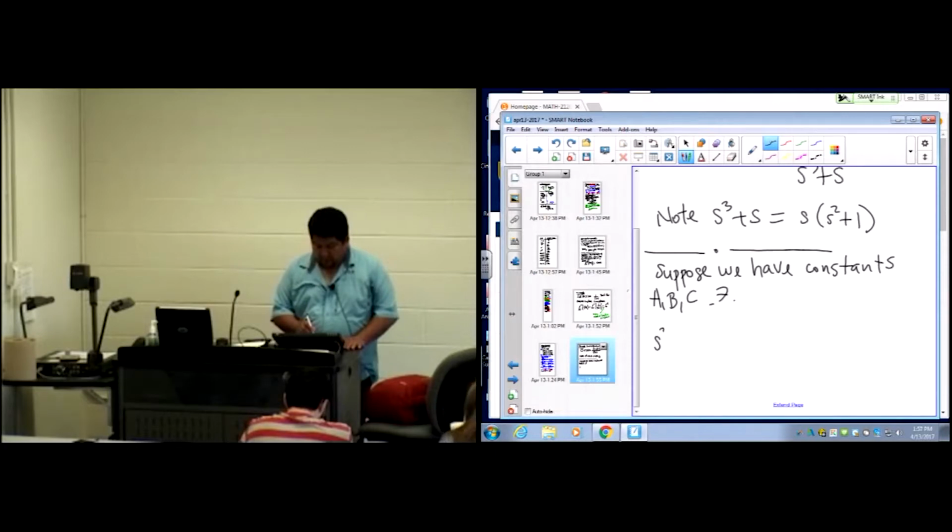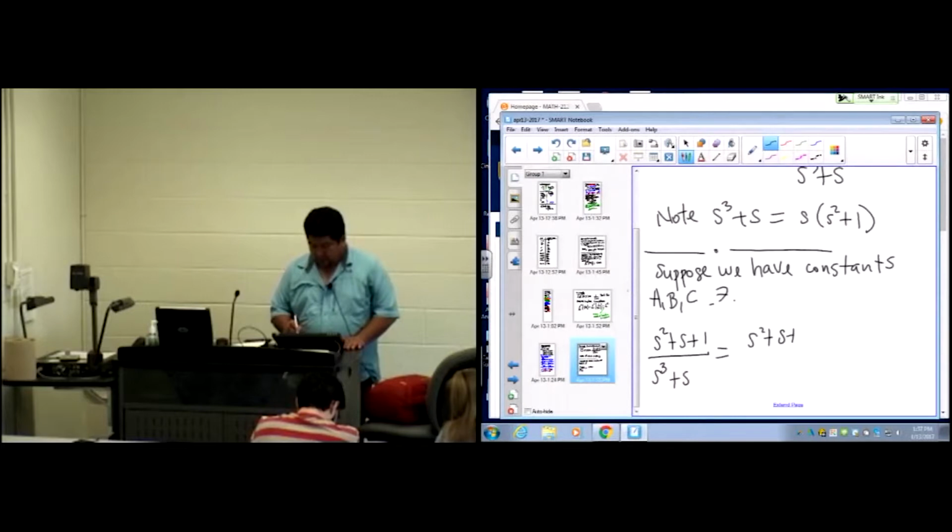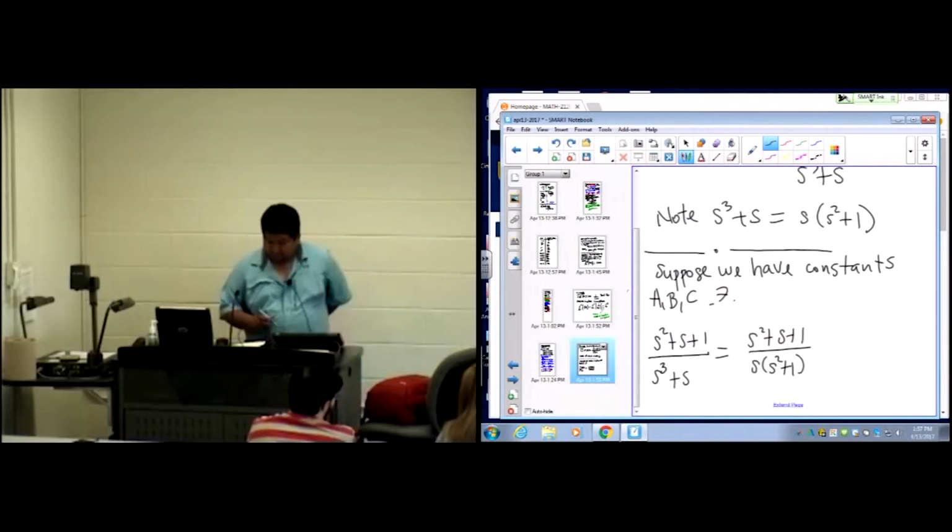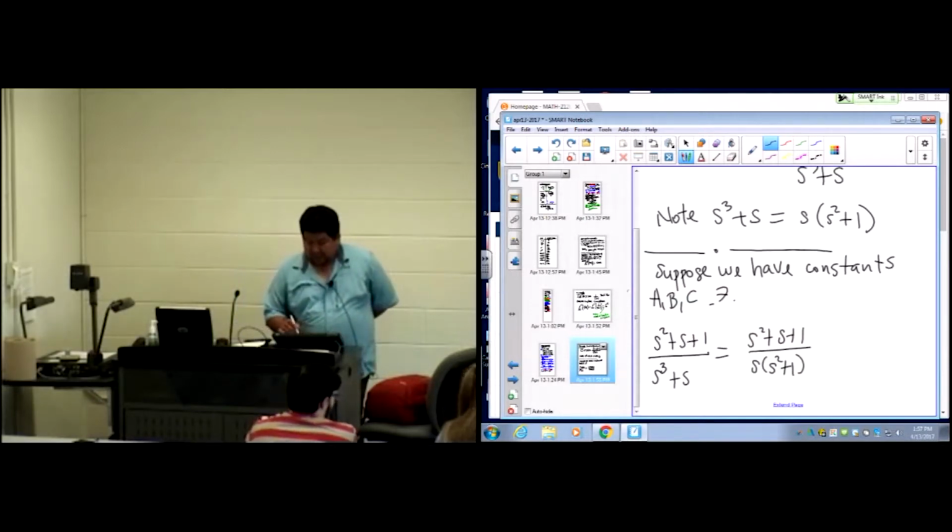So now I need to find what are the values of these constants A, B, and C so that I can really make this work out. I'm going to call this one number 1.